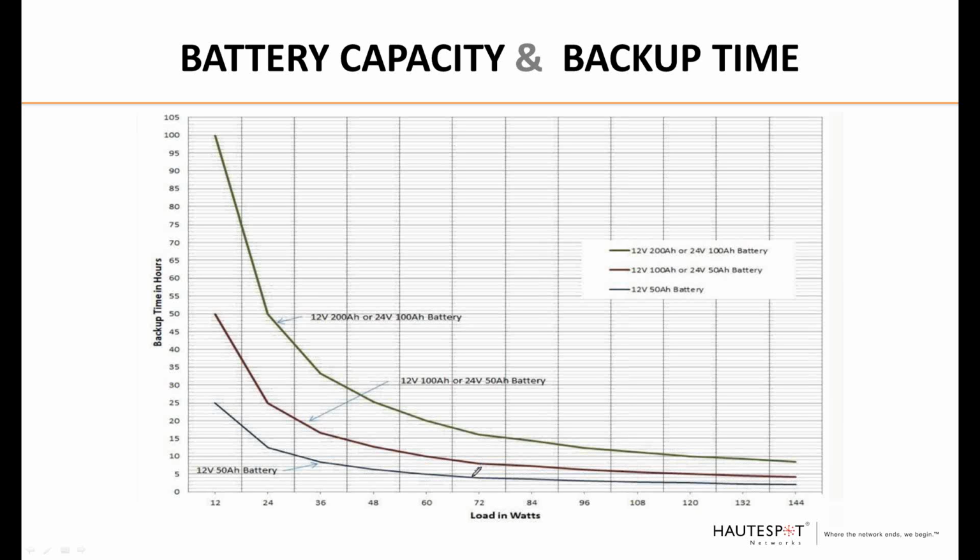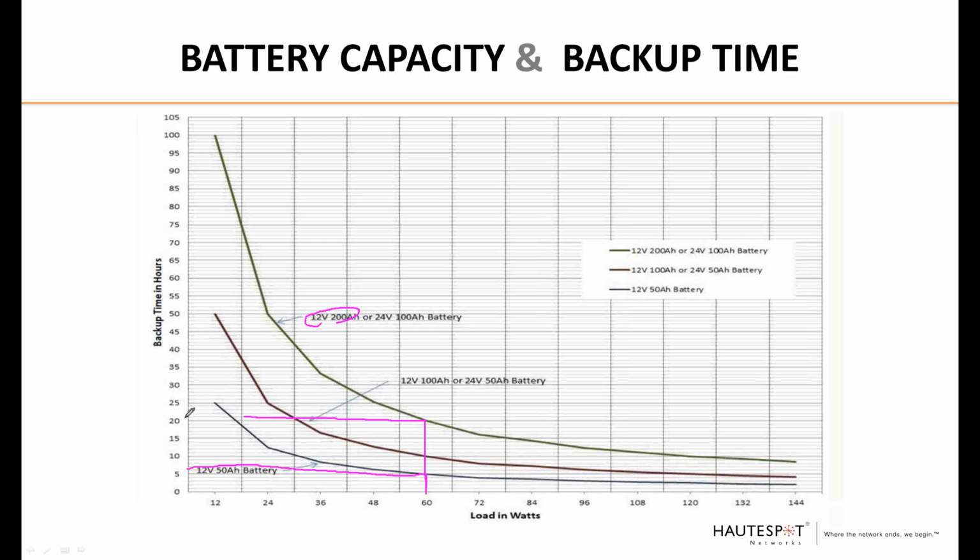So if you follow that load in watts to the correct graph, you will find the hours of backup you can expect. For example, here we have load in watts. Let's say we have 60 watts that we need to power. Well, if we follow that up to our first solar kit here, it's showing that we are getting about 5 to 6 hours of battery backup, compared to our highest 200 amp hour system, right?